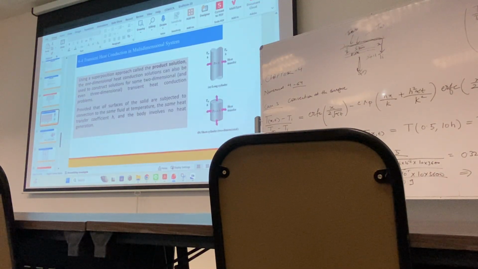So using a superposition approach called the product solution, the one-dimension heat conduction solutions can also be used to construct solutions for some two-dimensional and even three-dimensional transient heat conduction, provided that all surfaces of the solid are subjected to convection to the same fluid at temperature T infinity, the same heat transfer coefficient h, and the body involves no heat generation. So, okay.